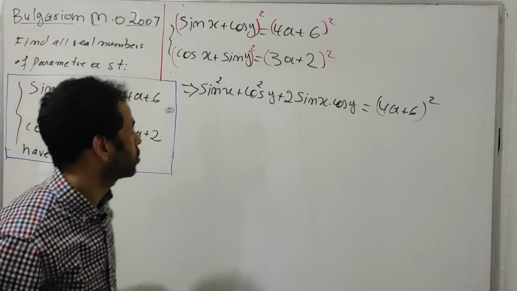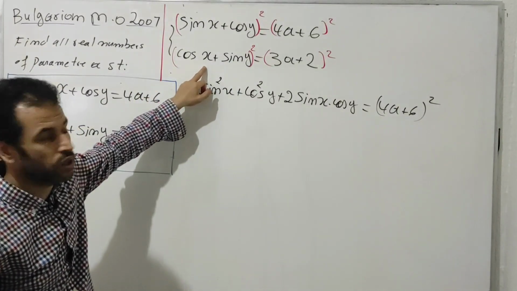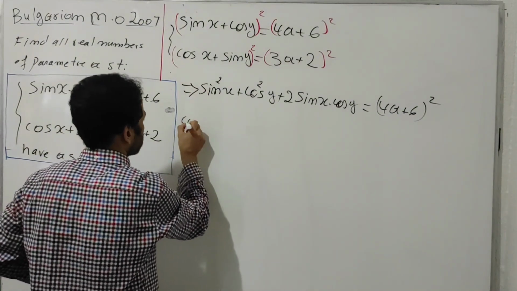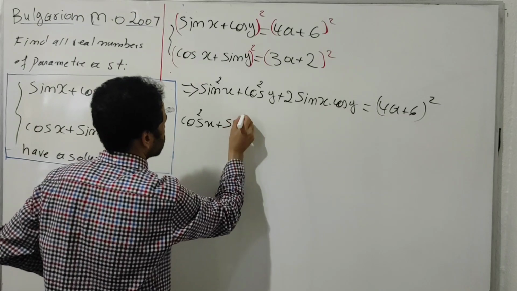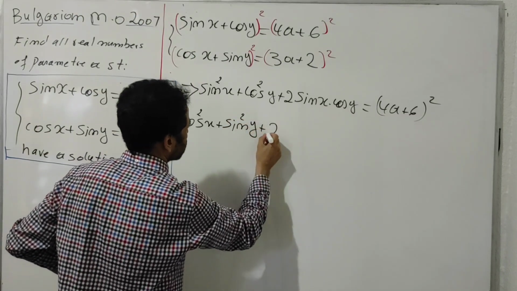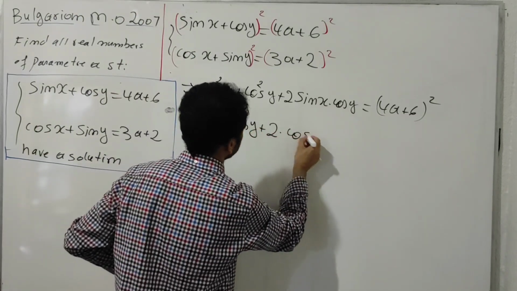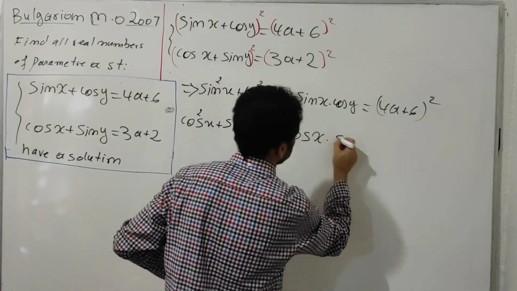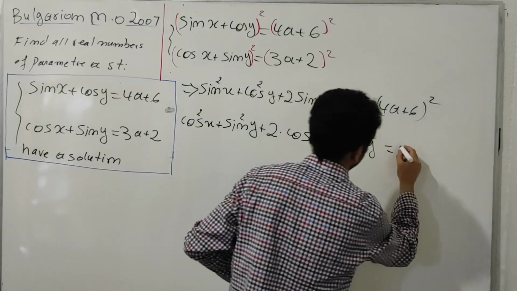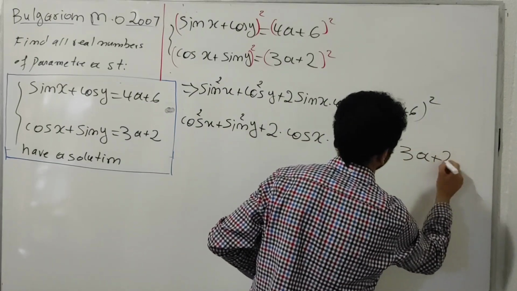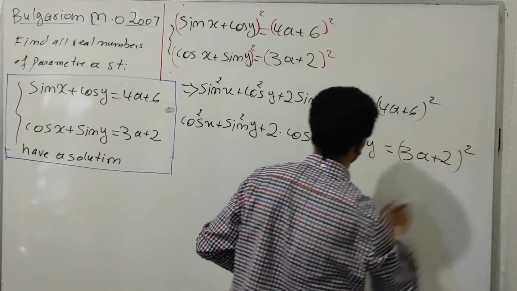For the second equation, I'm going to do the same thing. So I will have cosine square x plus sine square y plus 2 times cosine x multiplied by sine y equals 3a plus 2 squared.